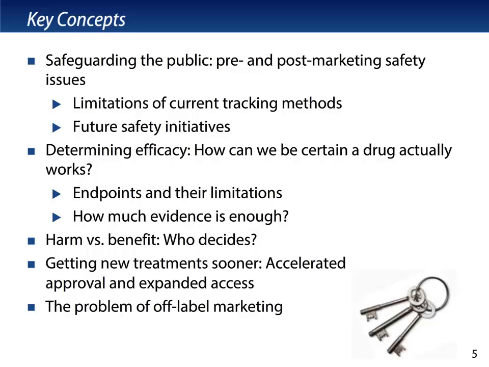We examined the role the FDA plays in determining when evidence of clinical benefit is sufficient, and how clinical benefits are weighed against the risks or harms of a given treatment. Finally, we took a look at the growing issue of off-label marketing and drug use.